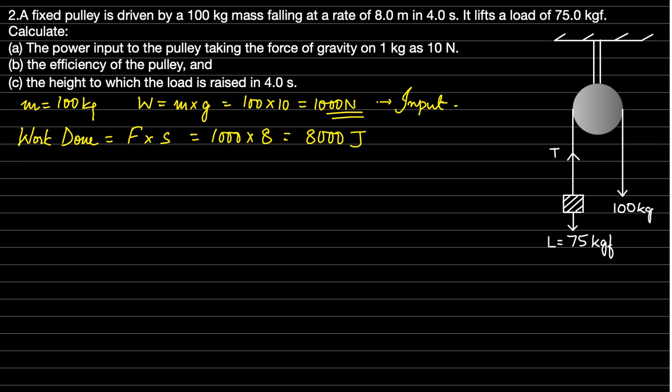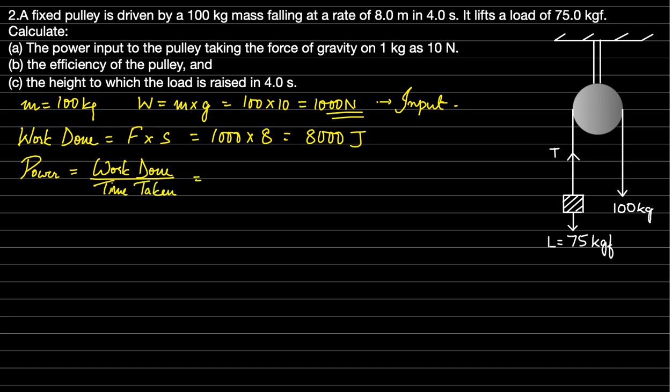Now we need to find power. Now for finding power, we know the formula for power as work done divided by time taken. Now this comes from 9th standard, I guess. So power is equal to work done divided by time taken.